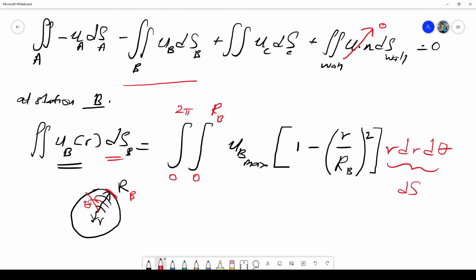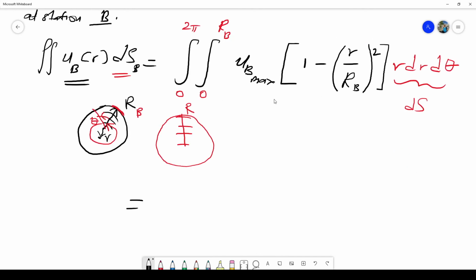That means from angle 0, we integrate it all over the 360. So you can view it something like this. We have a line here, which we discretize until we reach the maximum radius R, and then we integrate it from 0 until 360. So it will make a circular shape.